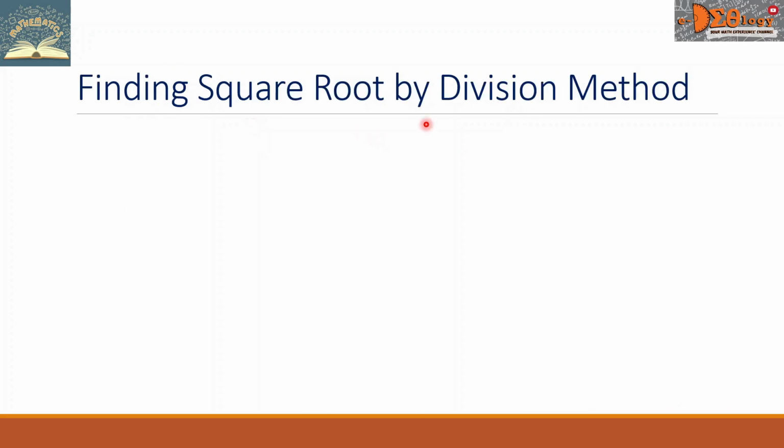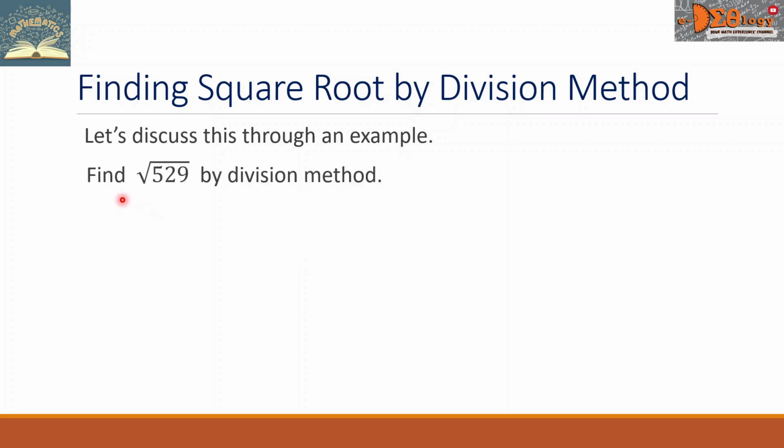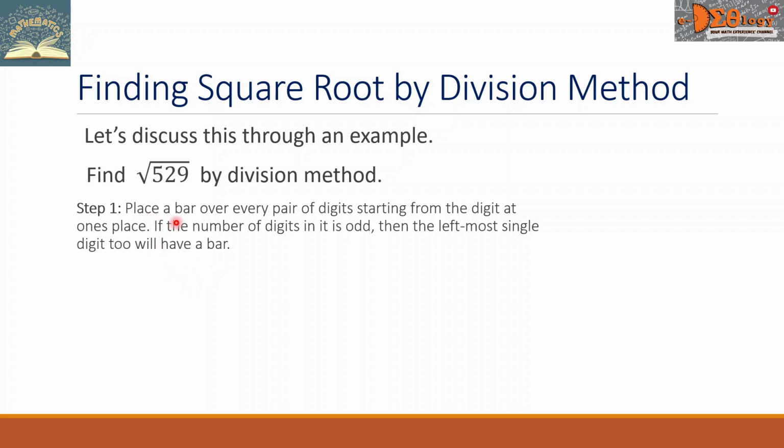Let's find square root by division method. Let's discuss this method through an example. Let's say find square root of 529 by division method. Step 1. We place a bar over every pair of digits starting from the digit at ones place.